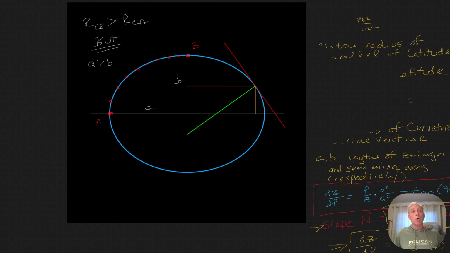On a circle, it would be a uniform radius of curvature, and that would be the radius of the circle. But on an ellipse, that radius of curvature is changing. In fact, it's increasing. The radius of curvature is increasing as we get closer to B. Okay, just concept image stuff, right?